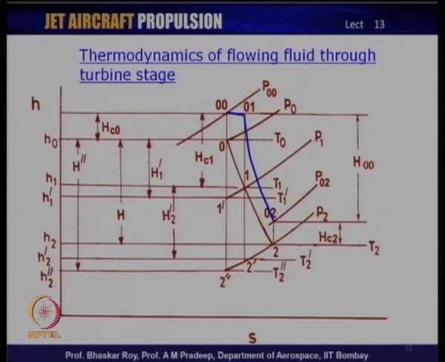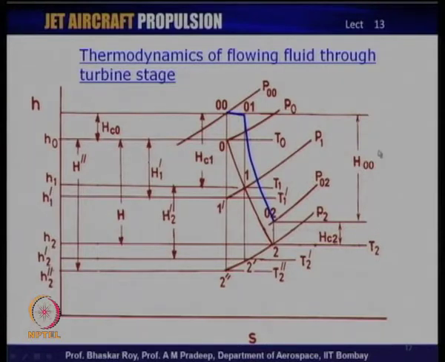So, if you can show all of it, then you have covered all the ground that is happening thermodynamically inside a turbine. Now, we say that H00 is the total head work done from station 00 to 02.